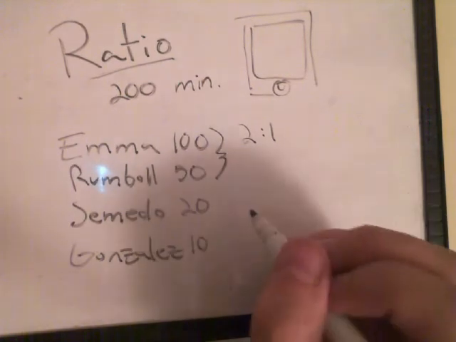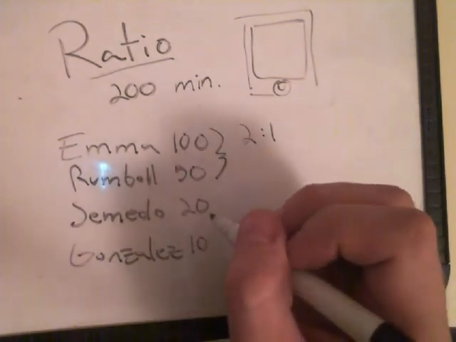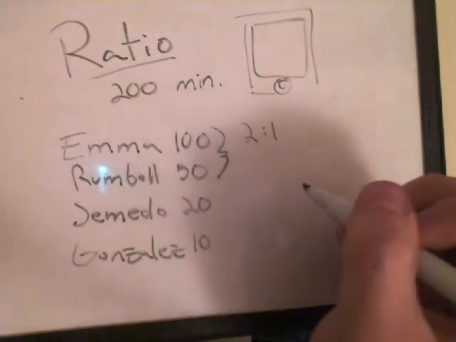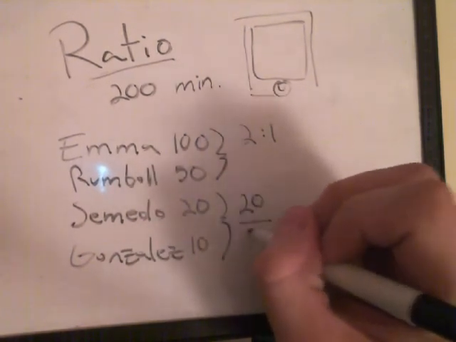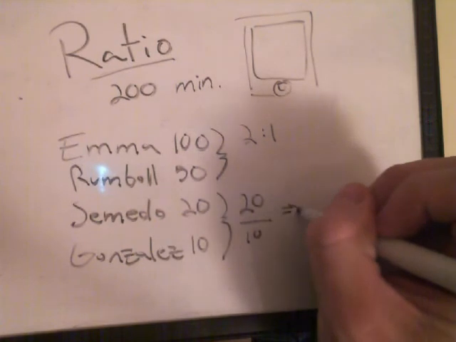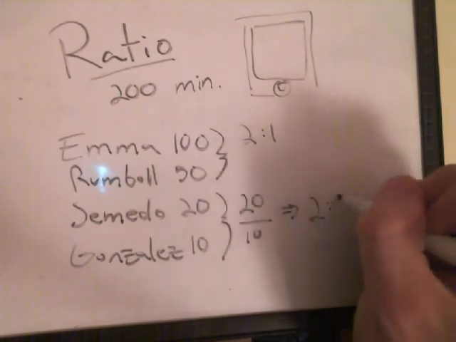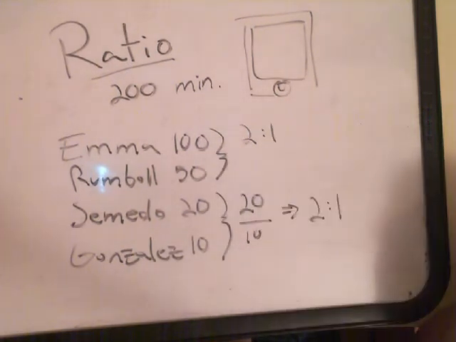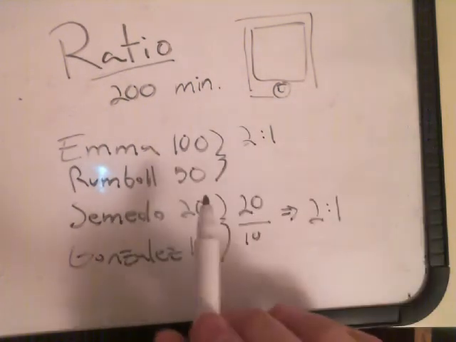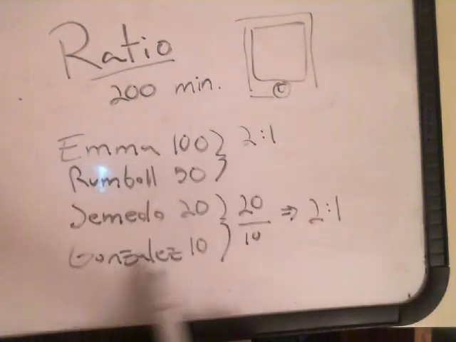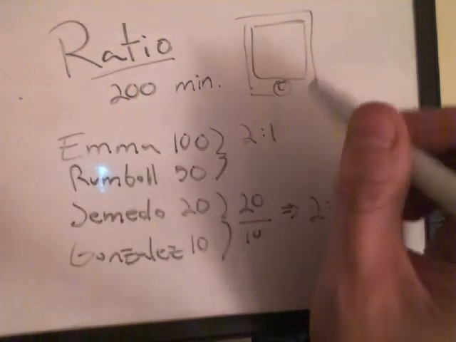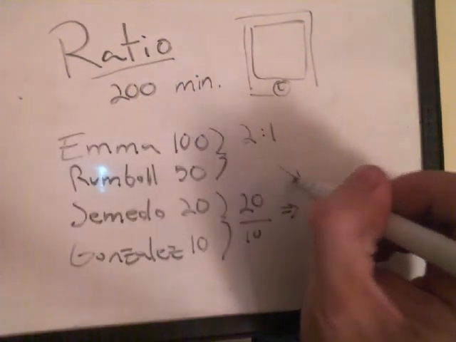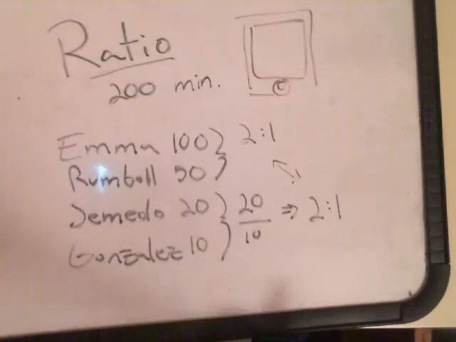Now what about the ratio that I talk to Mr. Semedo and Miss Gonzalez? Well, let's see, 20 over 10, which is going to be also 2 to 1. Now, funnily enough, even though I talk to these guys much less than I talk to these guys, the ratio is actually equal. Now, why is that?